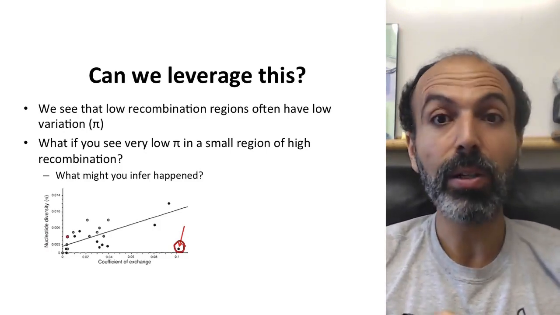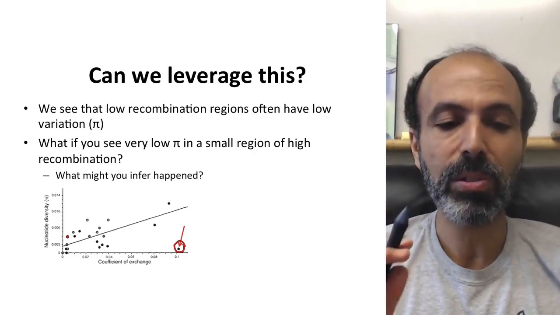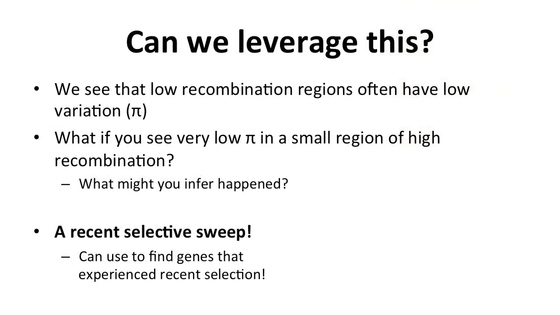Well, now there's a lot of possibilities. The answer could be, it could suggest there was a very recent selective sweep. It could suggest that basically very recently, within the last couple of hundred or couple of thousand years, an adaptive variant spread through all the populations of the species and eliminated variation at nearby neutral sites.